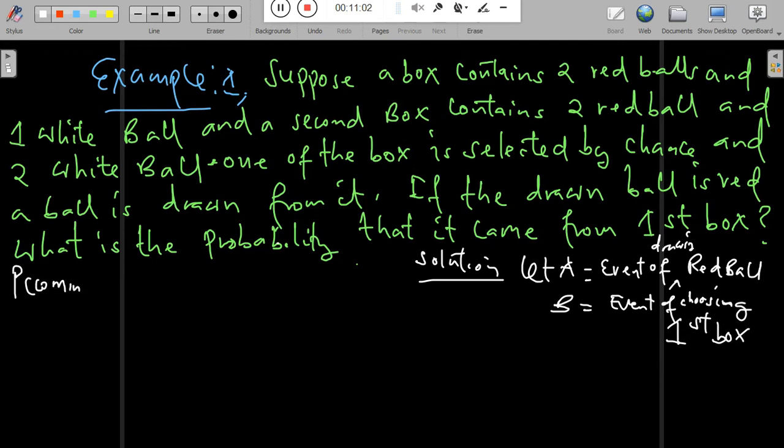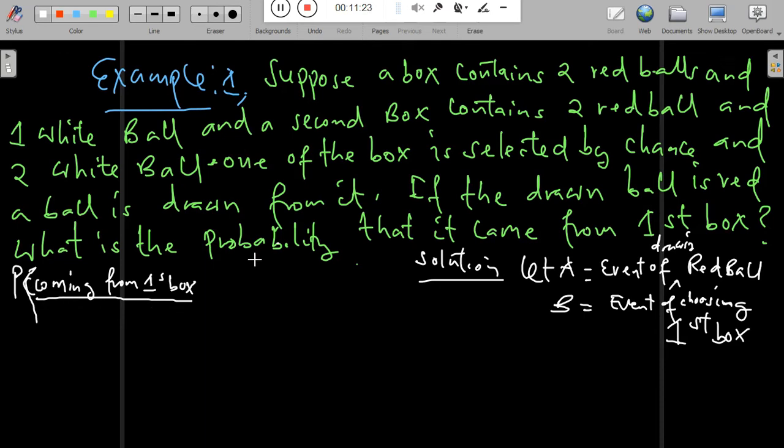So what you need to understand from our formula is this. We want the probability of coming from the first box, given that the drawn ball was red.